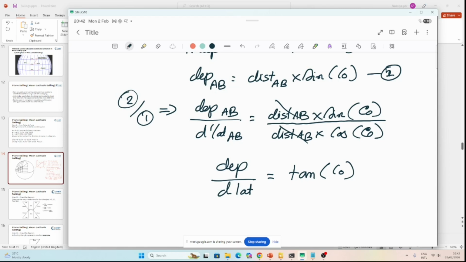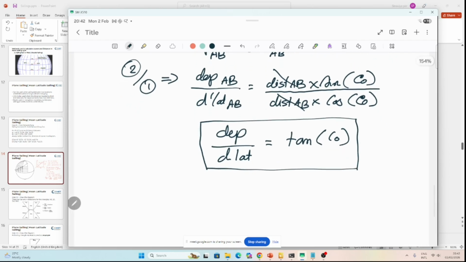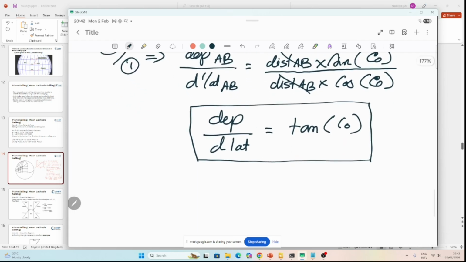Okay, so this is how you prove the plane sailing. This is the plane sailing formula, but you don't have to prove anything. I just proved it to show you how this came about. You don't have to learn this by heart. You don't have to explain anything in your exams about how plane sailing came in.